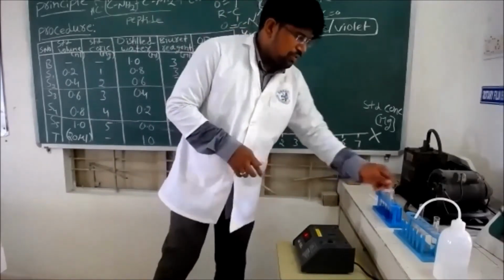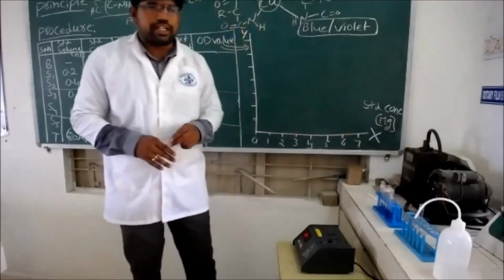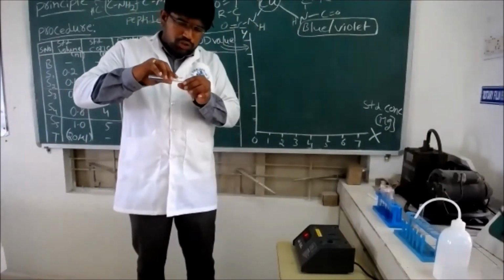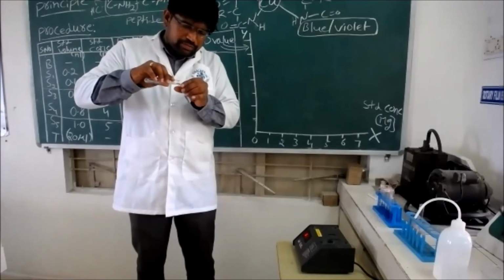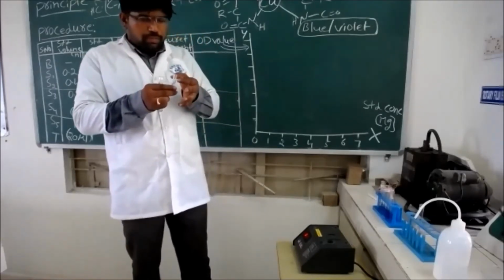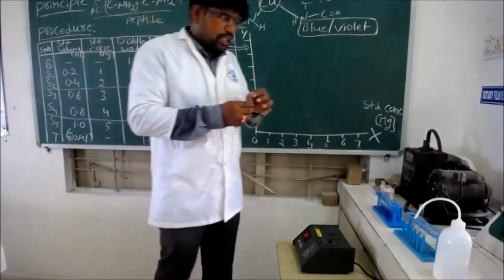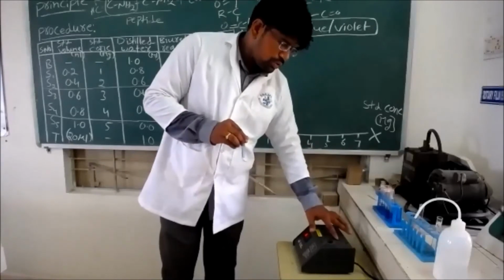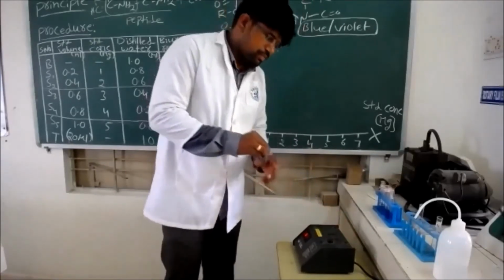In the measurement of the optical density values, the step 1 is, first we have to take the blank, we have to auto zero the instrument with the blank. For this, what we have to do? Take the blank in the tube and adjust the wavelength to 540 nanometers.